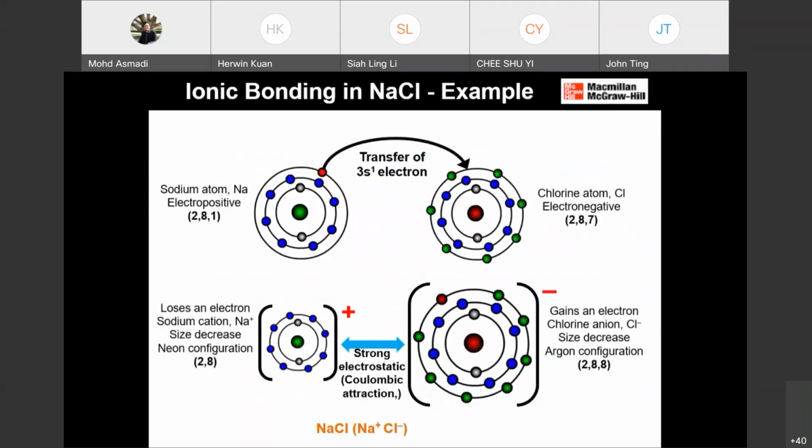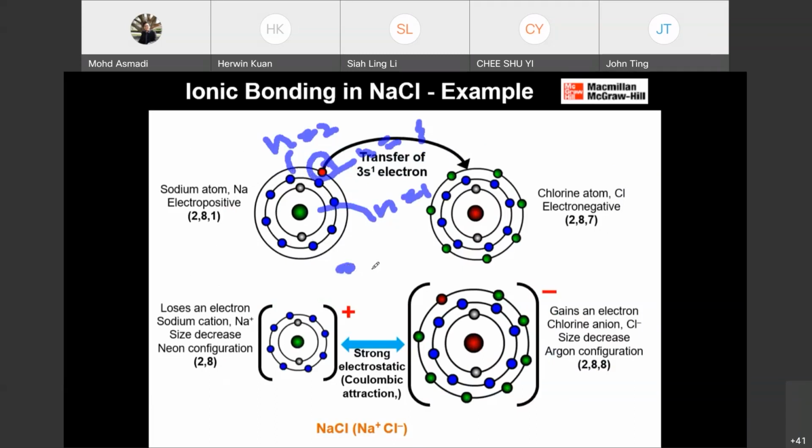So if you look at here, this is the example of sodium chloride, the bonding between sodium and chloride. This is quantum number n equal to 1, this is n equal to 2, this is n equal to 3. The outer shells 2, 8.